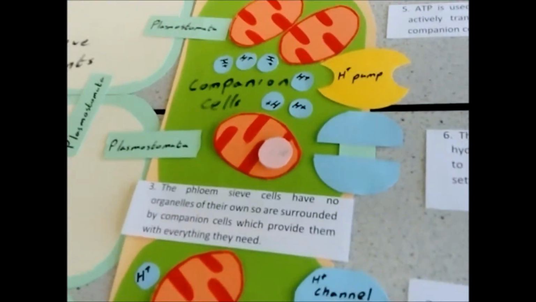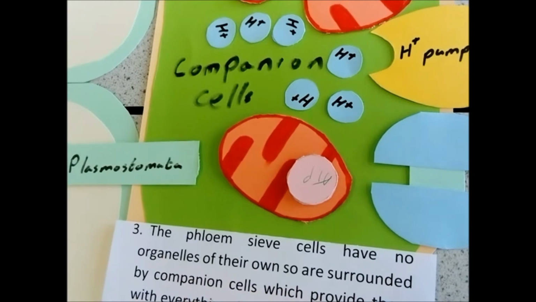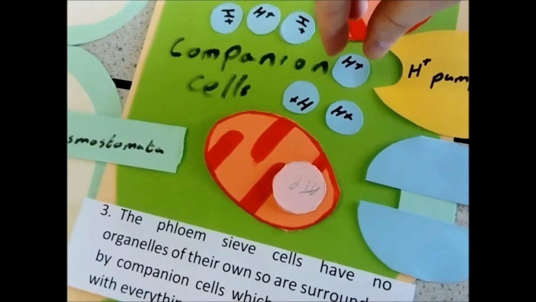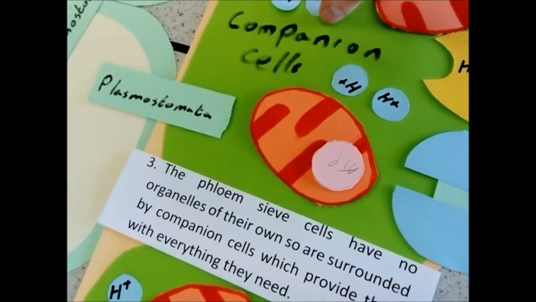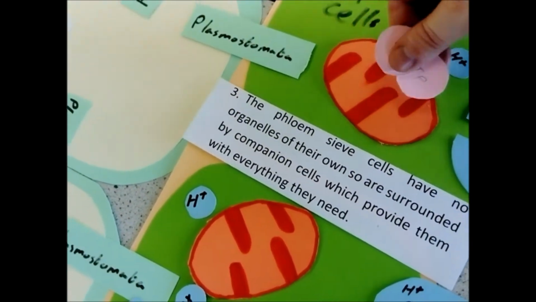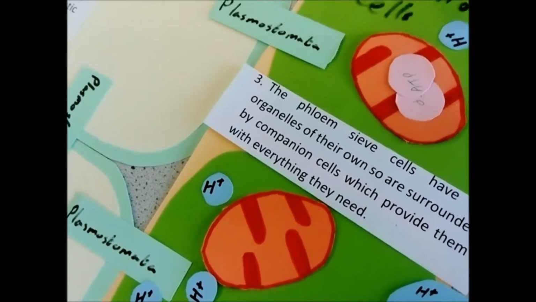So the ATP is used to provide energy for a hydrogen pump to actively pump hydrogen ions out of our companion cells. The hydrogen ions are actively transported out due to lots of ATP being produced by the mitochondria.